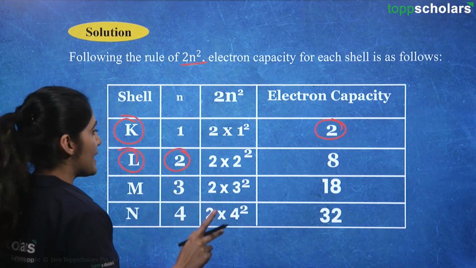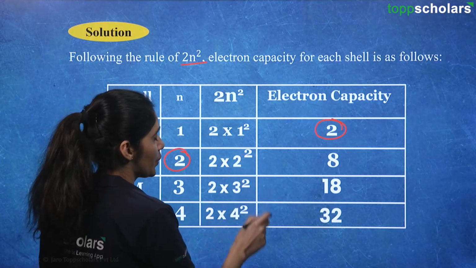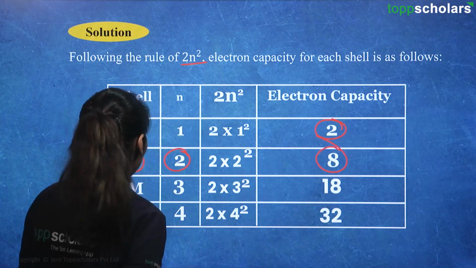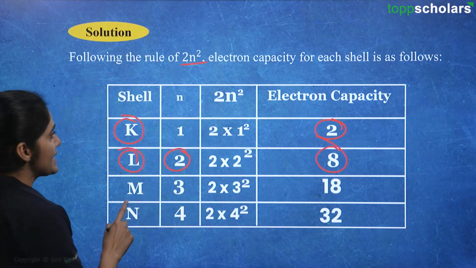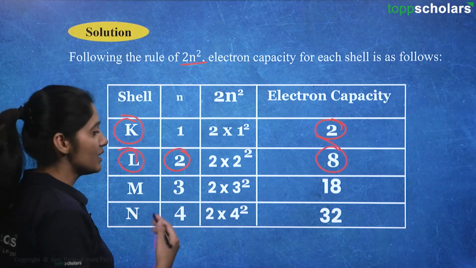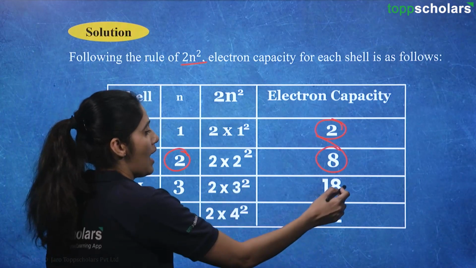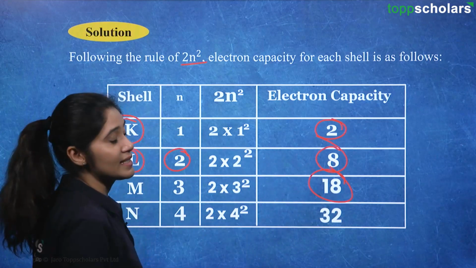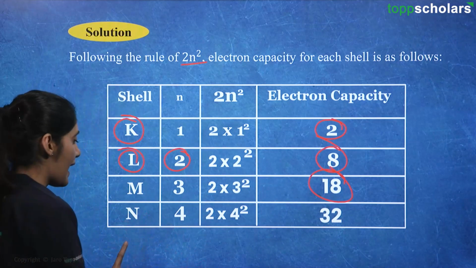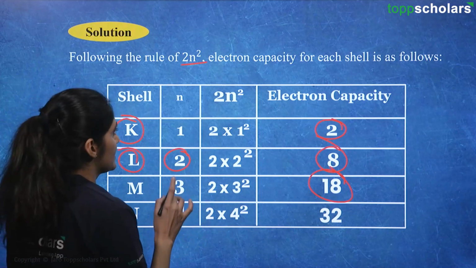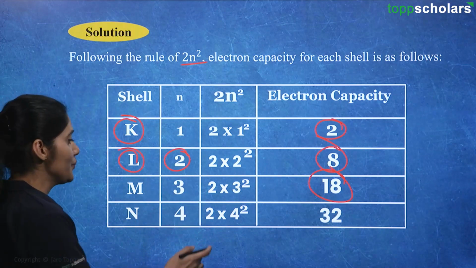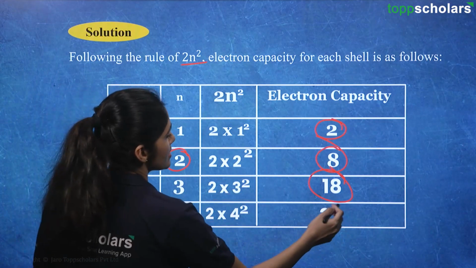The capacity would be 2 into 2 square, that is 8. For M, n is equal to 3, the third shell, so it will be 2 into 3 square, which is 18. For n equal to 4, the fourth shell, it is 2 into 4 square, that is 32.